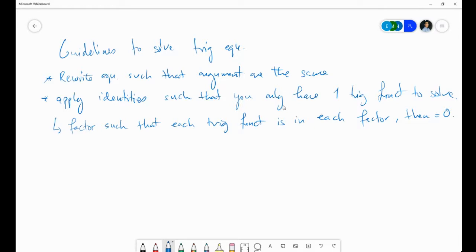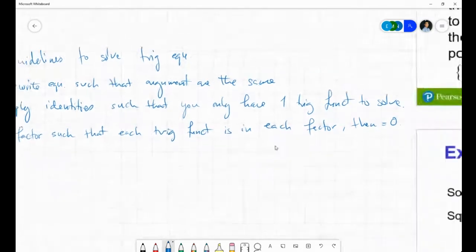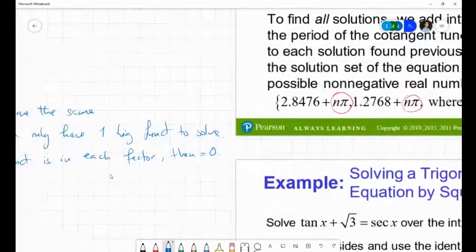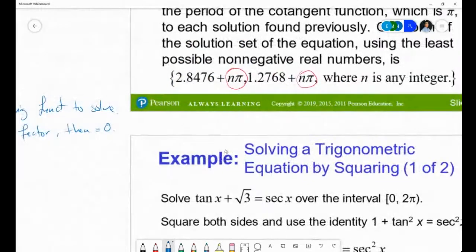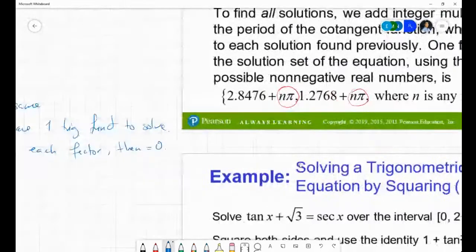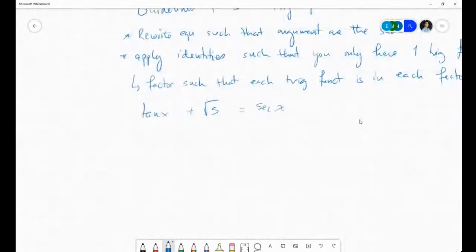So let's look at this example here and see what kind of problems we have. You have tan x plus square root of 3 equals secant x. Is that right? Secant x, yeah. Okay. All right, so we know of the identities: 1 plus tangent squared is equal to secant squared.